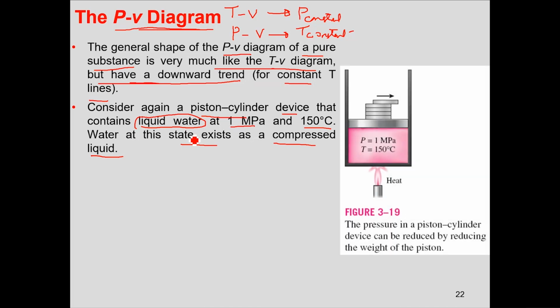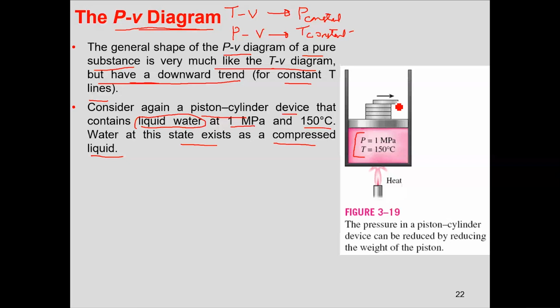So you have this piston cylinder in which there are certain weights on top of a piston, and you have liquid water at 1 megapascal and a temperature of 150 degrees centigrade.